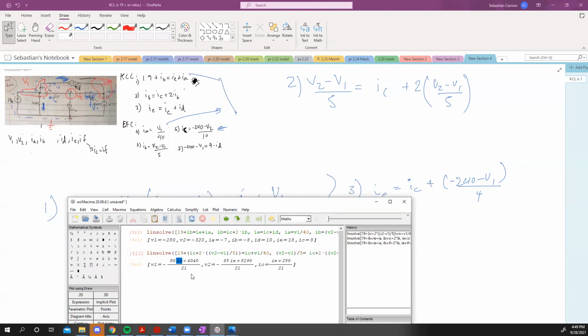So if we plug in, so yeah, let's plug in 80 times 18 plus 4, 40 over 21. No, I messed up something here. V2.